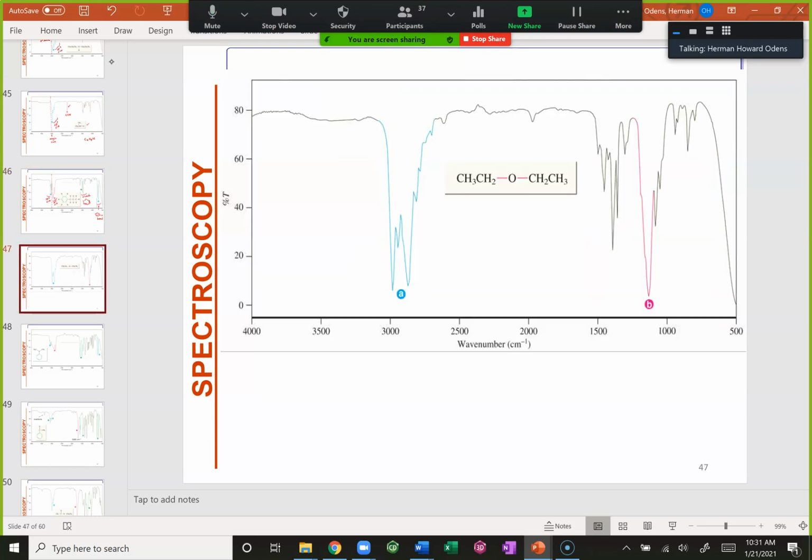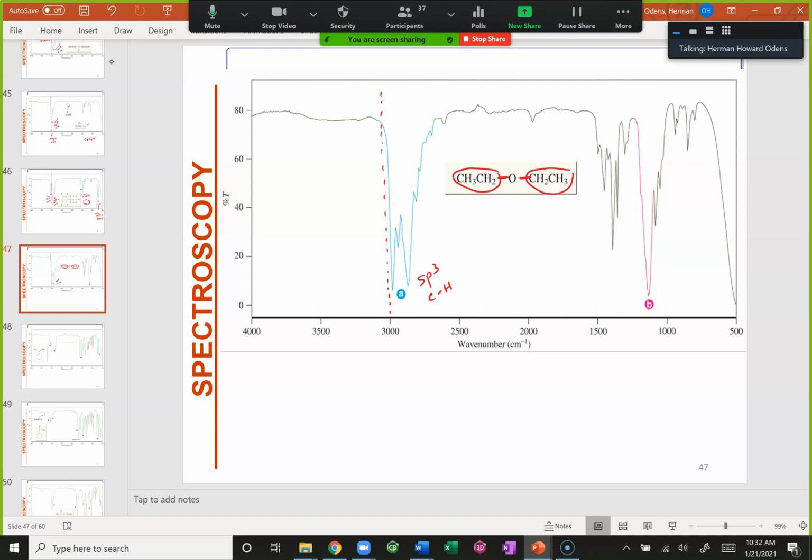All right, let's take a look at an ether. This is an ether. This ether has two interesting signals here. These are your sp3s, all this in blue, and then you have this CO stretch.